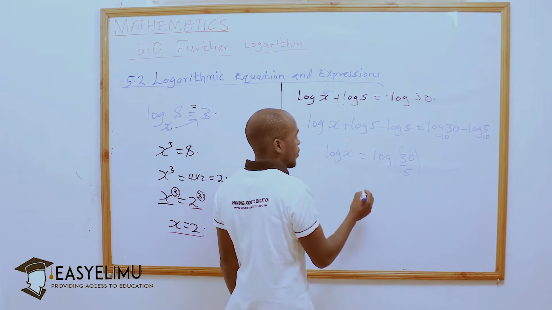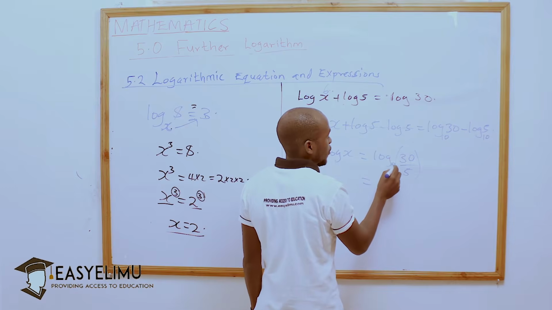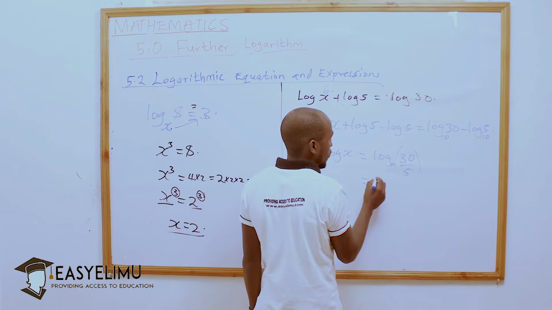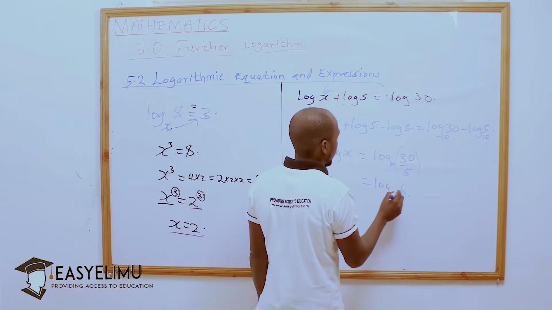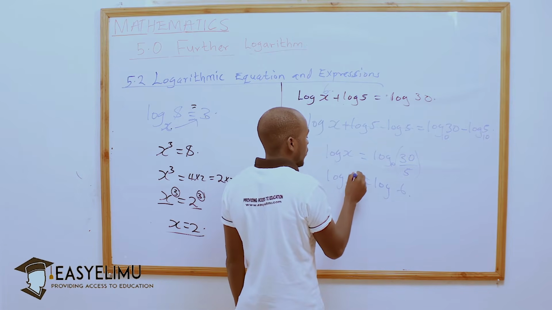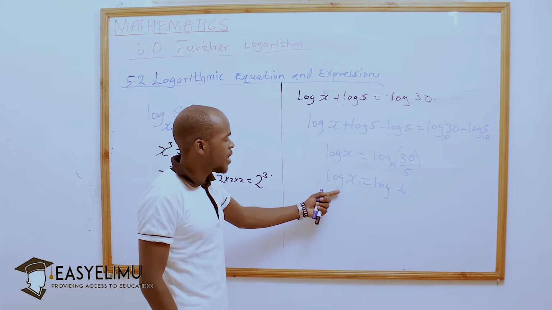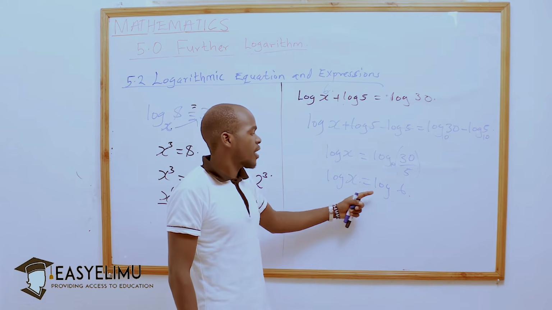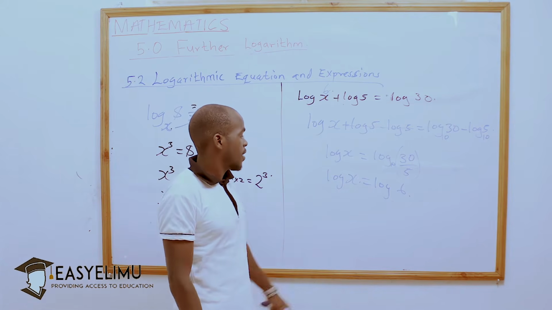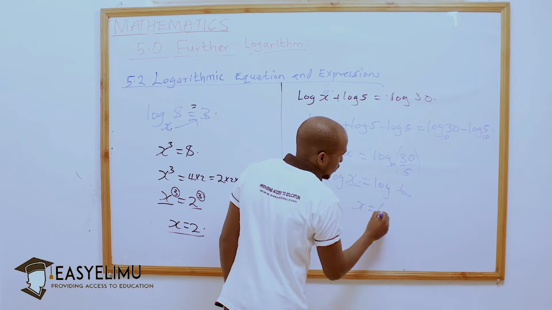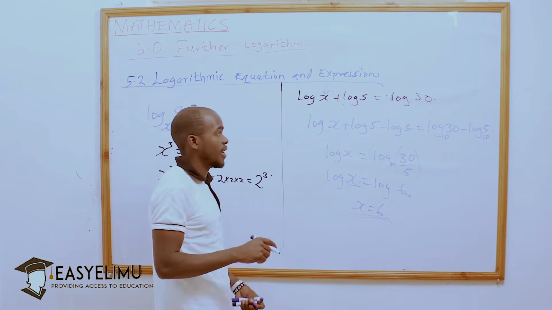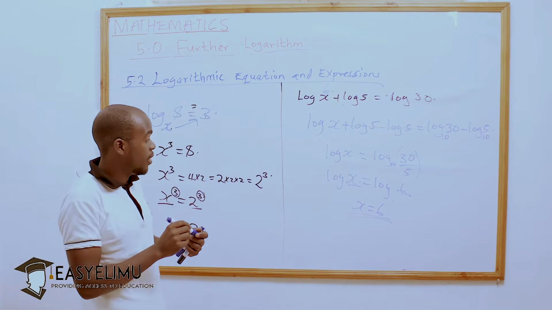So we shall find out, to the base of 10, this one is going to give us log to the base of 10 of 6 is equal to log of x. So as you can see here, log of x is equal to log of 6. So x here will be equal to 6. So you can see that one gives us clarity more than just ignoring the logs.